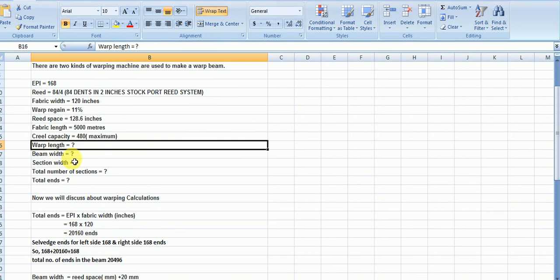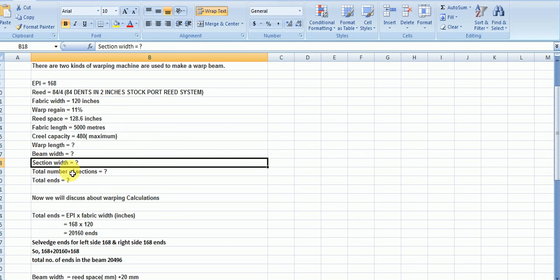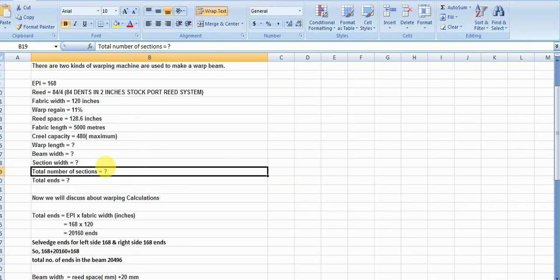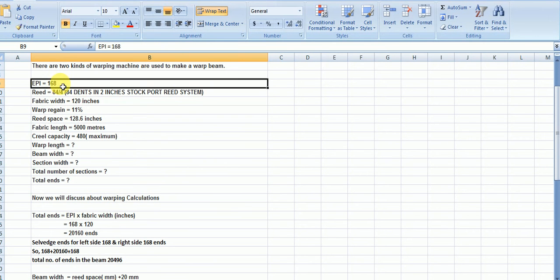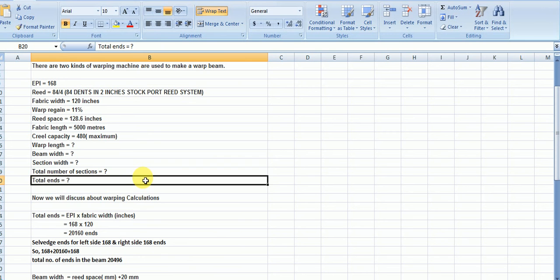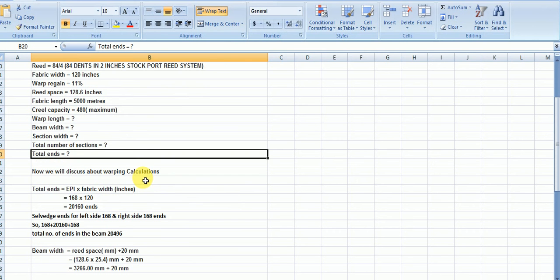Now we need the warp length, beam length, section width in mm, and the total number of sections we can do as per this 120 inches fabric and 168 ends per inch. So how many total ends will come? Now we will discuss the warping calculations.